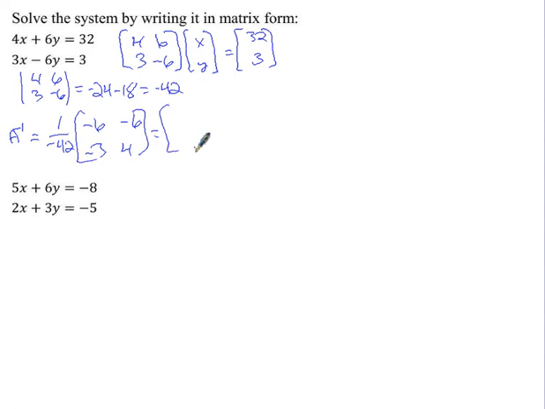And we get negative times negative is positive. 6/42 is 1/7, which makes this 1/7. 1/14. Negative 2/21. So that is the inverse matrix.